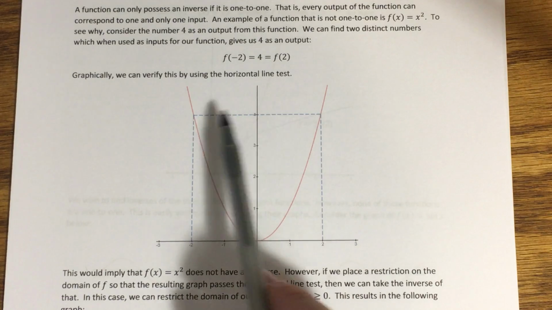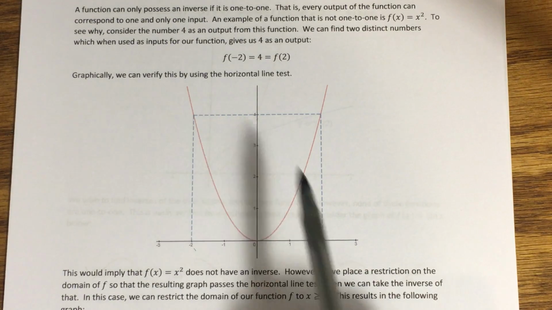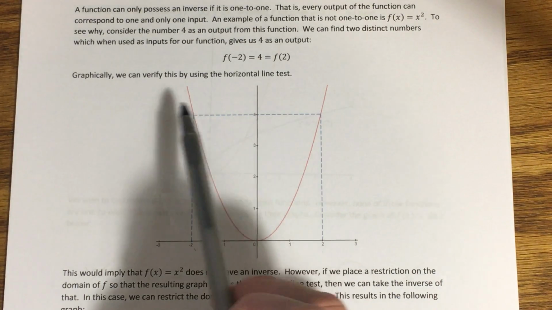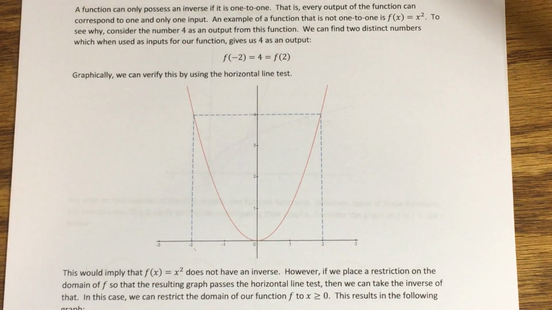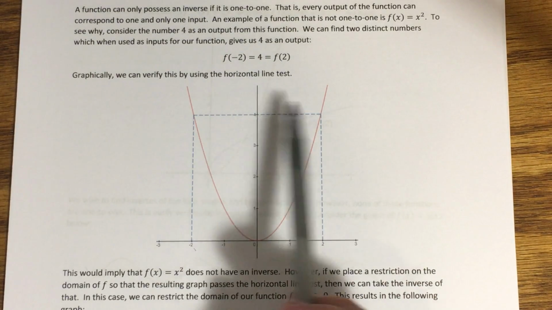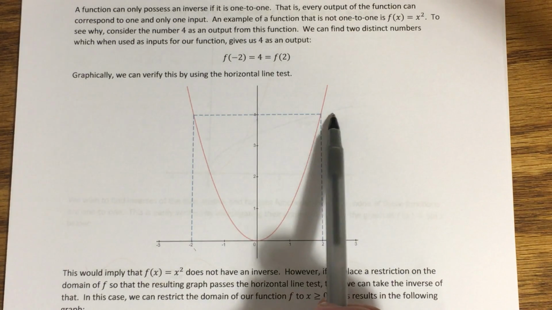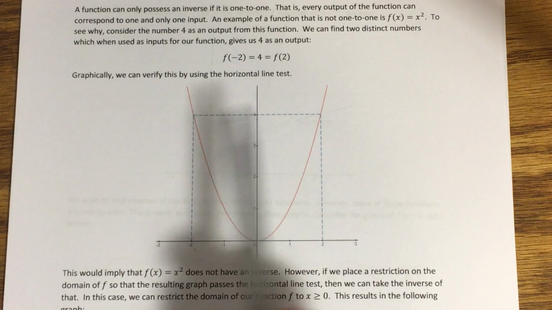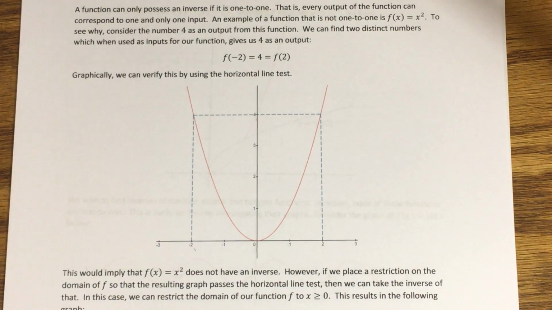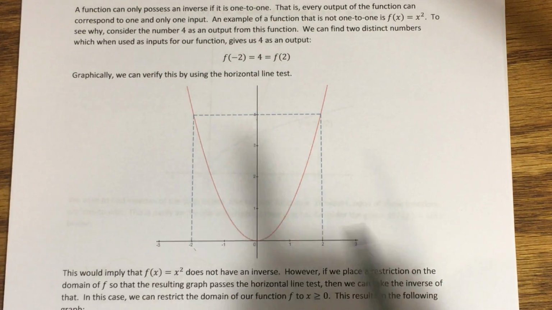And the x coordinate of each of those is -2 for this one and +2 for this one. That's graphically saying the exact same thing that I'm saying up here. So 2 different points that show up on the same horizontal line exist on that parabola, and that alone says that this function is not 1-to-1.